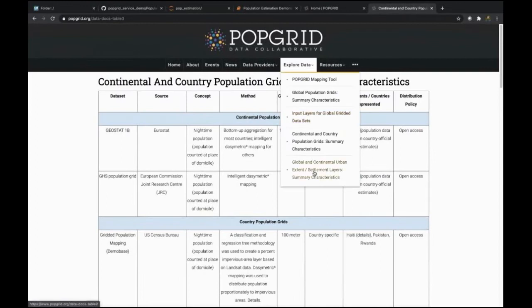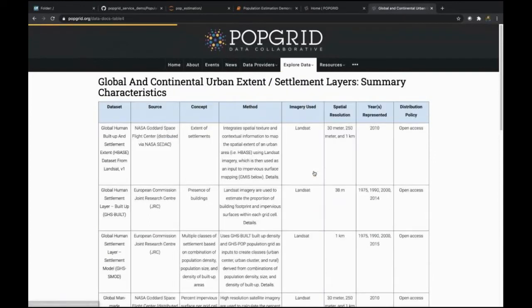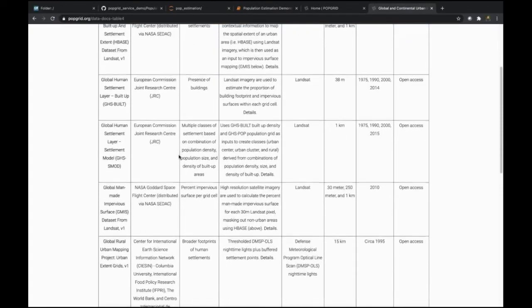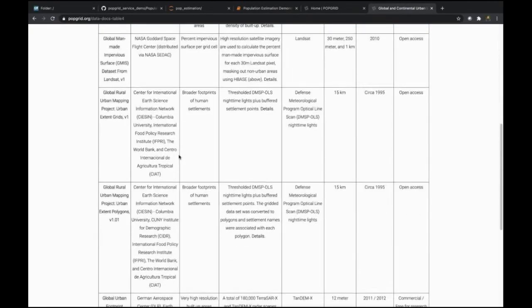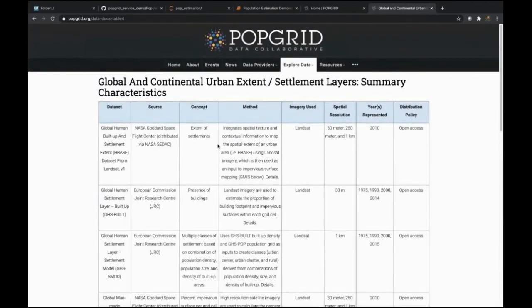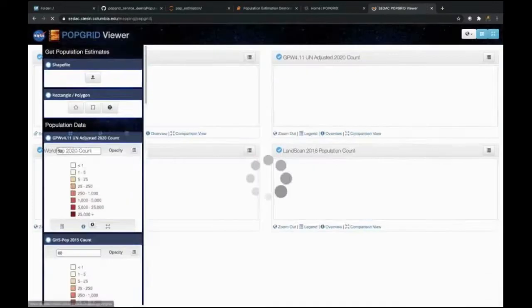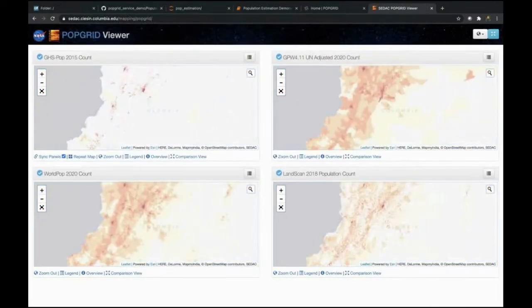And then we also have descriptions of gridded settlement extent data, which doesn't necessarily have a population estimate, but a comparison of the time, resolution and source data for each of these settlement extent data sets. And probably most useful for getting a quick look at the population data is to go to the POPGRID Viewer. This is supported by SEDAC, the Socioeconomic Data and Applications Center, that we at CIESIN operate for NASA.